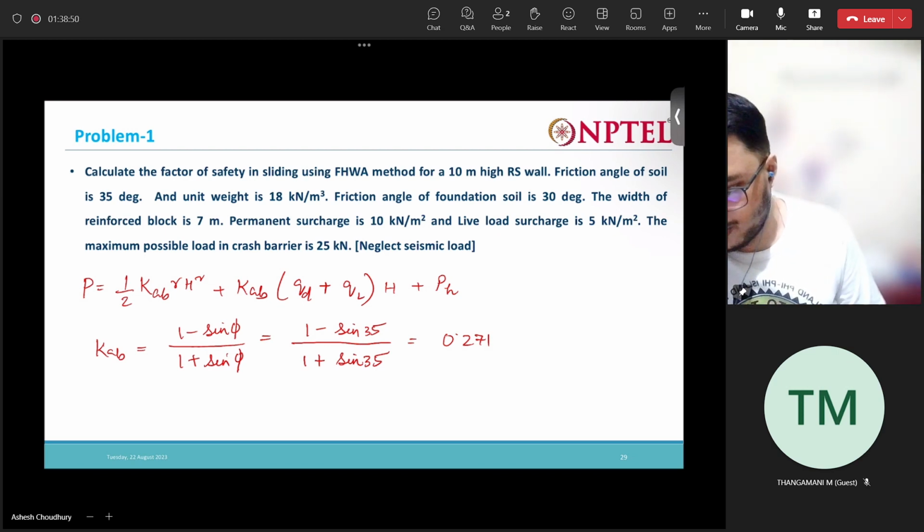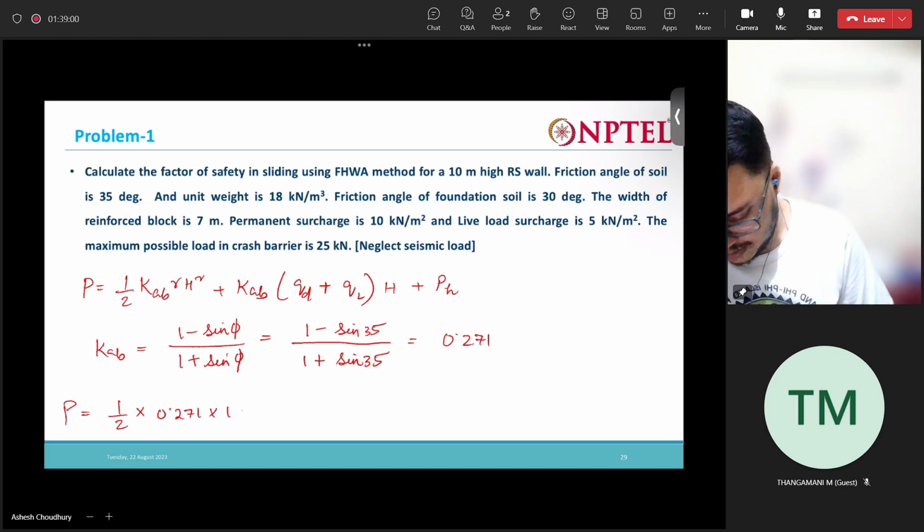So now we can easily calculate P. Half Ka gamma H square, where height is 10.